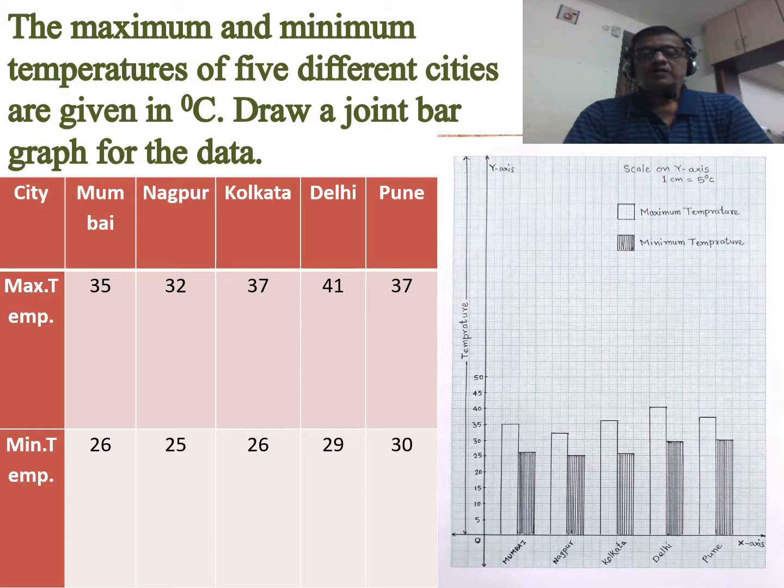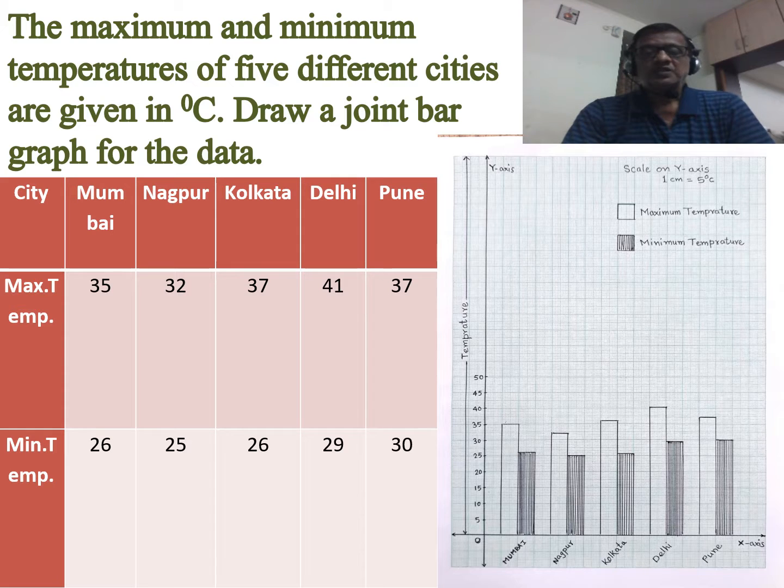In a simple bar graph, there is only one column or one bar, and here are two quantities, maximum temperature and minimum temperature. So for Mumbai, the maximum temperature is 35, that is shown in the graph. Minimum temperature for Mumbai is 26. Another bar is there which is joint.